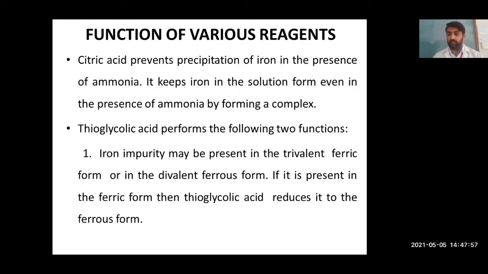Thioglycolic acid performs two functions. First, iron impurities can be present in the trivalent ferric form or in the divalent ferrous form. If they are present in the trivalent form, then thioglycolic acid reduces it to the divalent ferrous form.